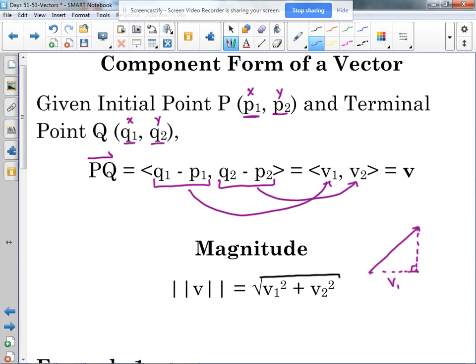This would be its x component, this would be its y component, and the length of the vector is the magnitude. So if we have a right triangle right there, and we know v sub 1 and v sub 2, we know the legs, then what can we apply? The Pythagorean theorem. That's where this formula for magnitude is coming from. Square the legs, add them together, take the square root, you have the hypotenuse. Well, in this specific application of it, the hypotenuse is the magnitude.